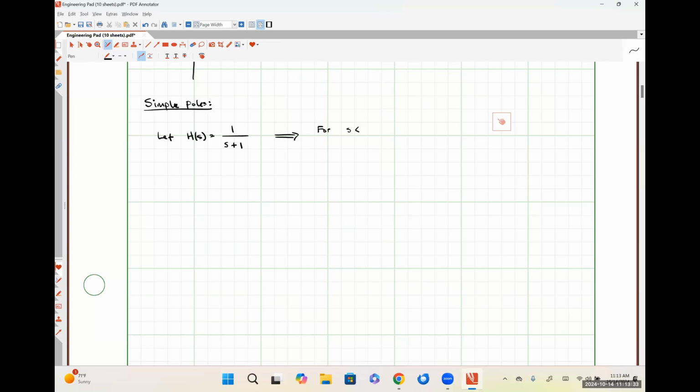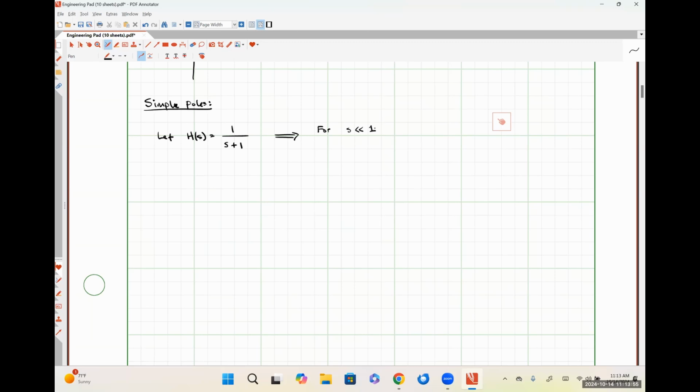For s much less than 1, right? So actually, let's start here really quickly. I should be able to say by inspection that I have a pole at s equal to minus 1 here, just by looking at this thing, right? That's what's going to make my denominator go to 0 and make this thing blow up.